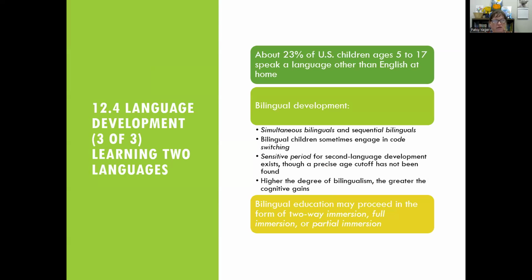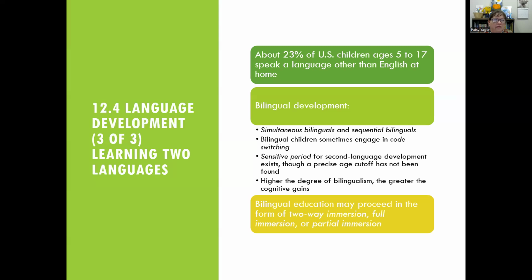About 23% of US children ages 5 to 17 speak a language other than English at home. Bilingual development, simultaneous bilinguals, and sequential bilinguals. Bilingual children sometimes engage in code switching, where they'll go back and forth between English and Spanish or whatever their home language is. There is a sensitive period for second language development.